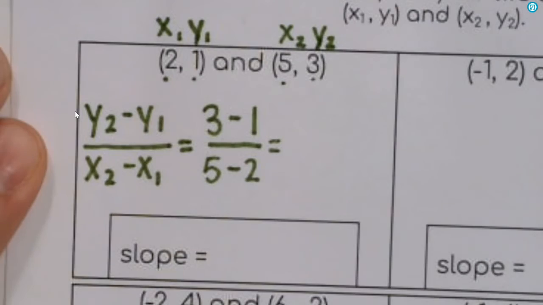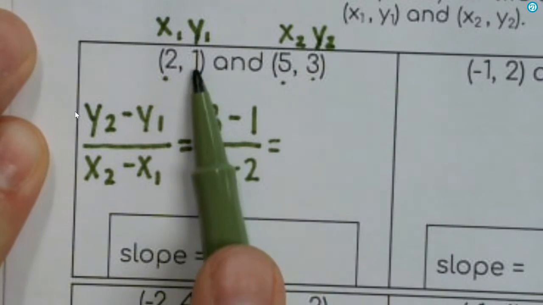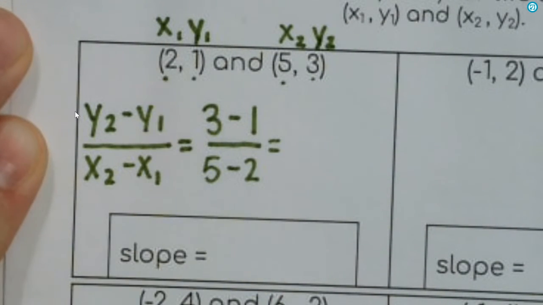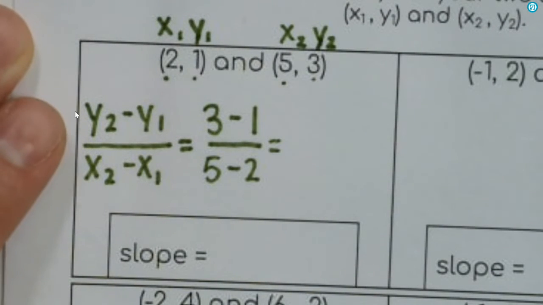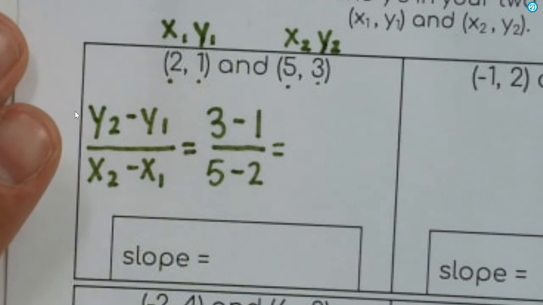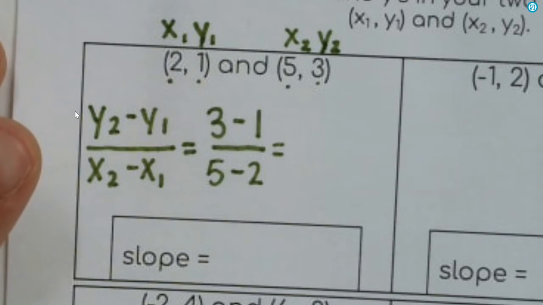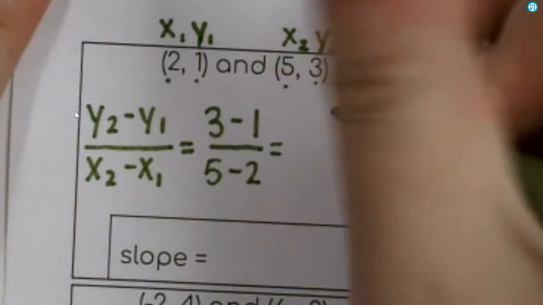So it's y2 minus y1, x2 minus x1. Any questions as to where I've plugged in those 4 numbers? Okay. Then we just do the math. On top we have 3 minus 1, which is 2.